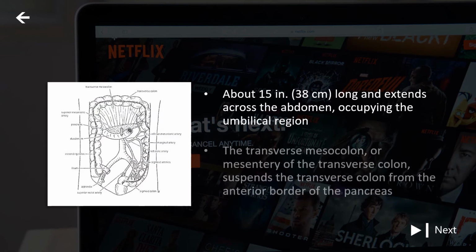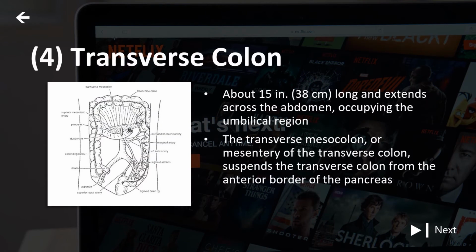Transverse colon. The transverse colon is about 15 inches long and extends across the abdomen, occupying the umbilical region. It begins at the right colic flexure below the right lobe of the liver, and it hangs downward, suspended by the transverse mesocolon from the pancreas. It then ascends to the left colic flexure below the spleen.